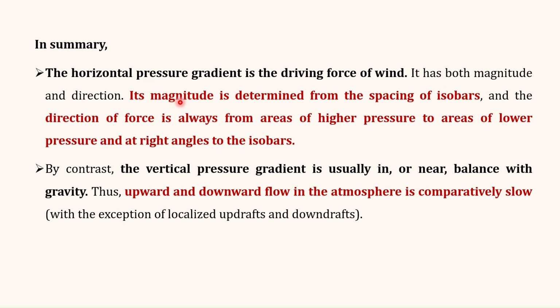Its magnitude is determined from the spacing of isobars, and the direction of force is always from the areas of higher pressure to areas of lower pressure, and the horizontal pressure gradient is always at right angles to the isobars, while the vertical pressure gradient is usually in or near balance with the gravity, and this is referred as the hydrostatic equilibrium.